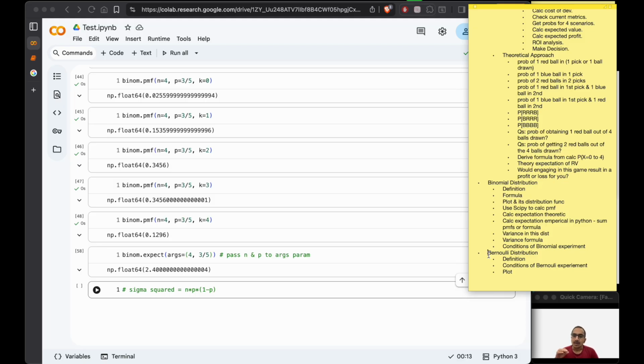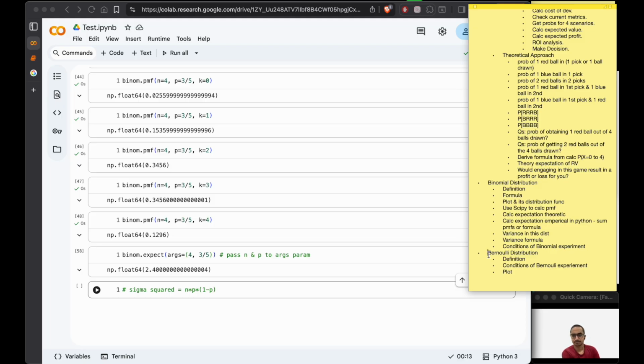Binomial distribution is a series of Bernoulli trials. That is all binomial distribution is. So in Bernoulli distribution, n becomes 1. Primarily, that's the definition of Bernoulli distribution.